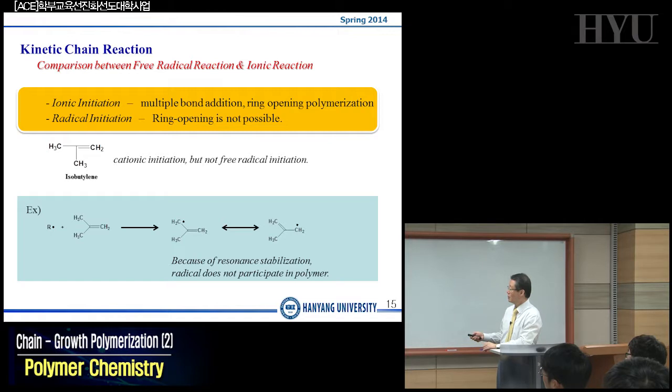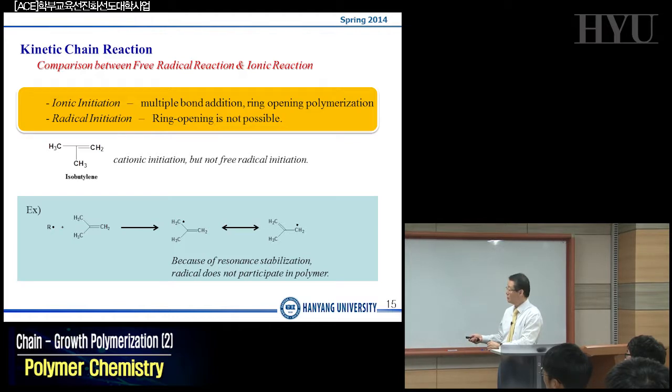If I have isobutylene and it's attacked by the initiator, for example, a peroxide radical, and one of the methyl groups is attacked by the radical, then you form a radical here.